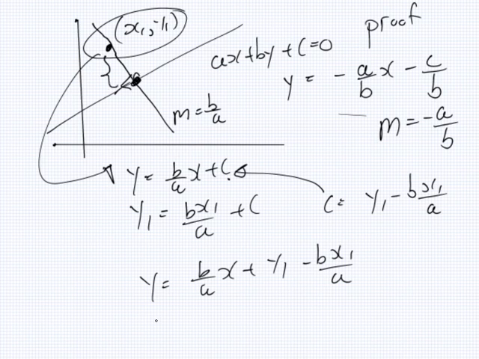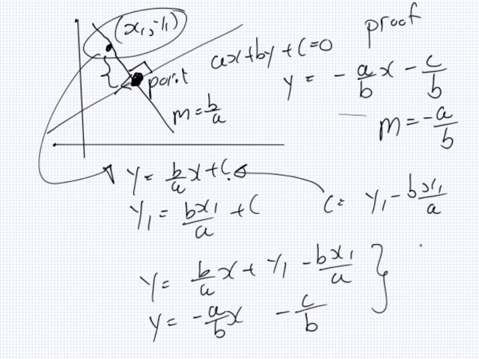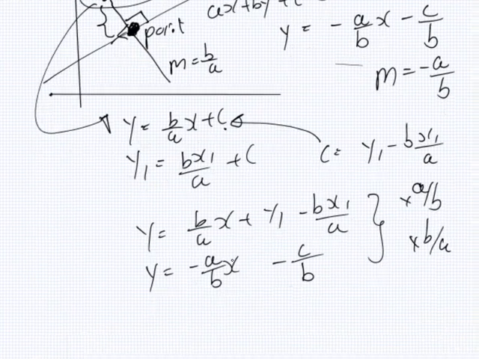So I have to solve this and this. This one's 90 degrees here, yeah. So I want to find this point here. I need to solve these together. So I should multiply this by a over b, and this by b over a. Let's see what we get.